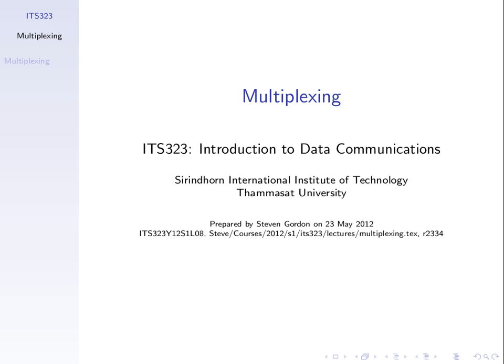Now, if we look at the statistics, we have 1,000 users, 1,000 input calls. Every user on average uses their line for 1/10 of the time, 10% of the time. This user talks for 10% of the time, this one for 10%, and so on. What's the capacity we need for this line to carry everyone's traffic?